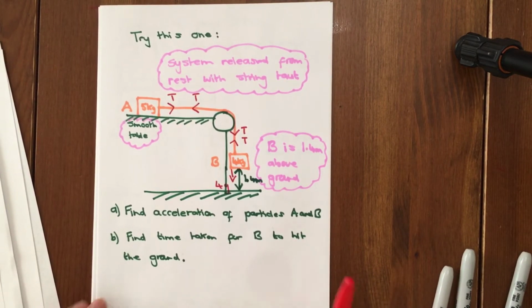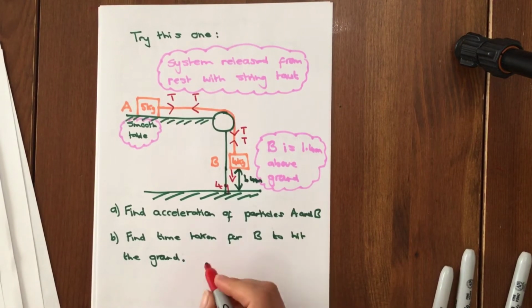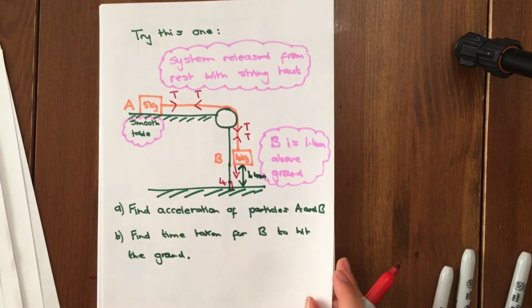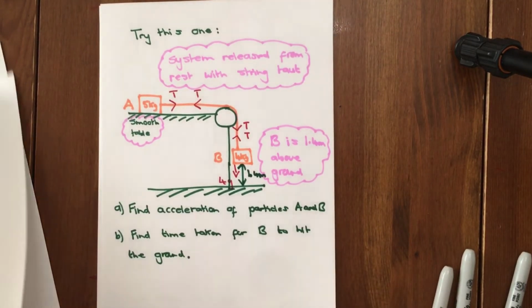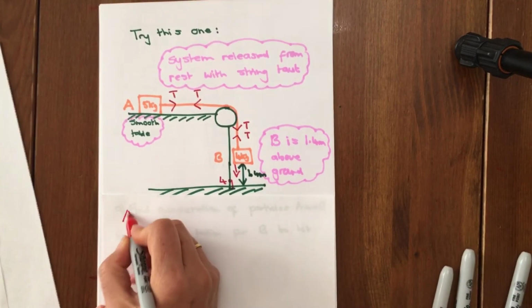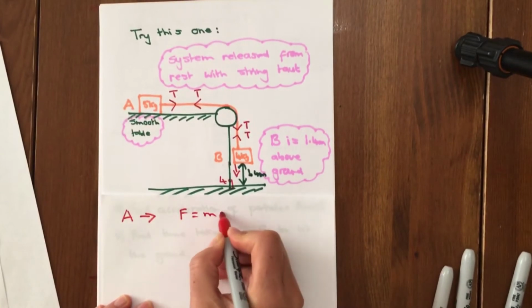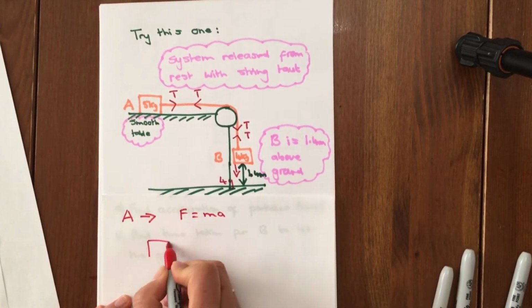Right, well done. Let's see how you got on with that. So for part A, I'm going to resolve horizontally, F equals ma, at my 5 kilogram weight.